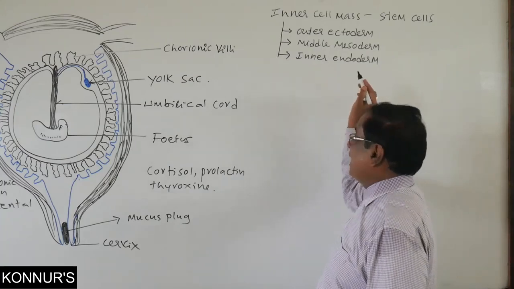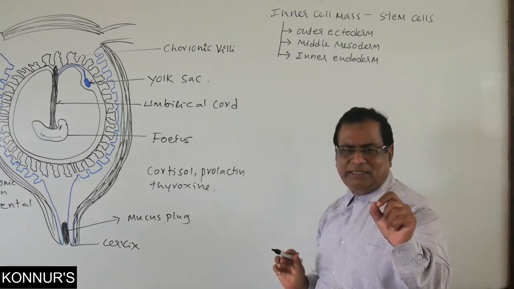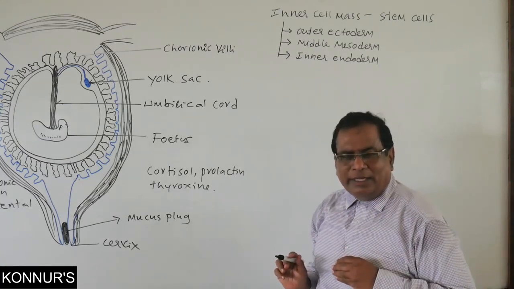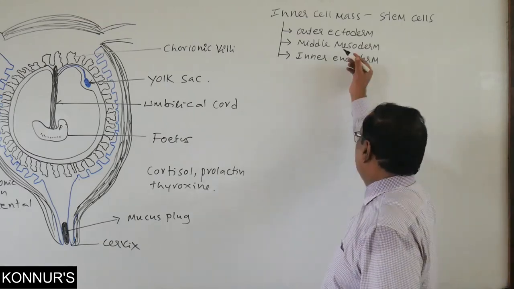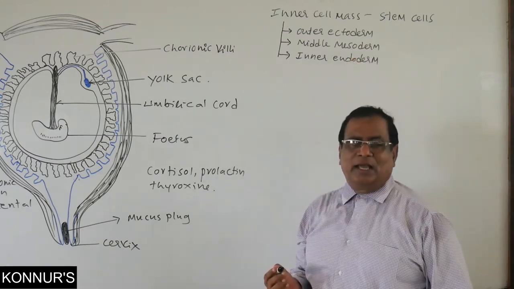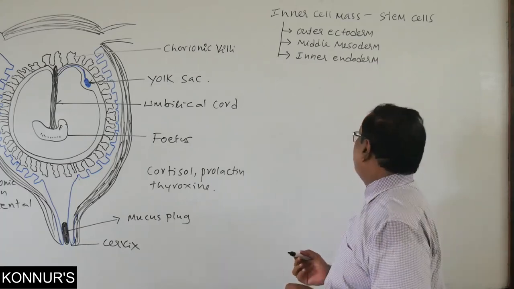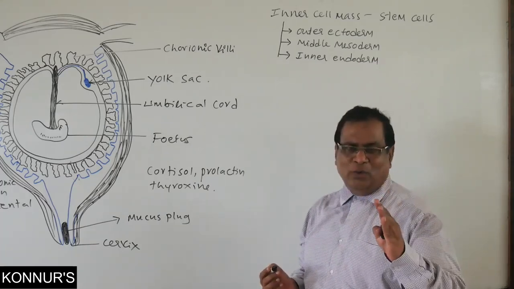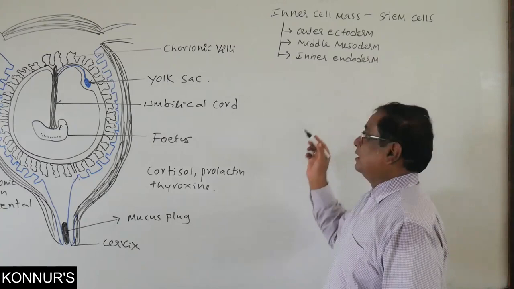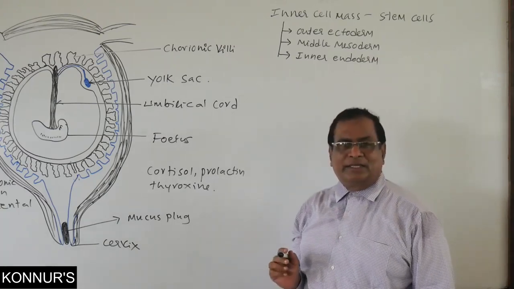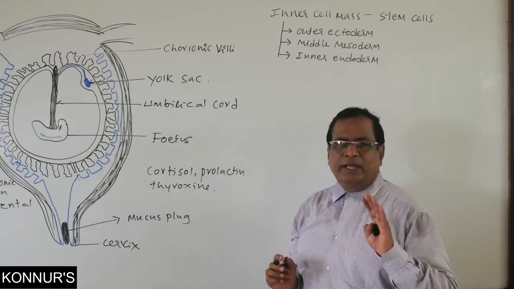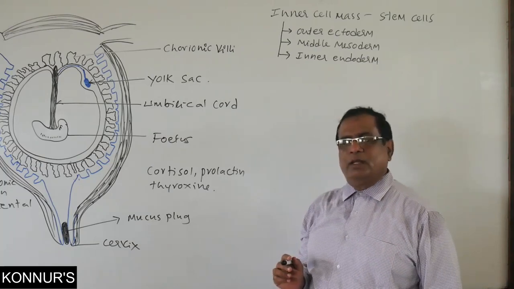That inner cell mass, which has stem cells, is differentiated into 3 germ layers: outer ectoderm, middle mesoderm, and inner endoderm. And these germ layers give rise to various tissues.